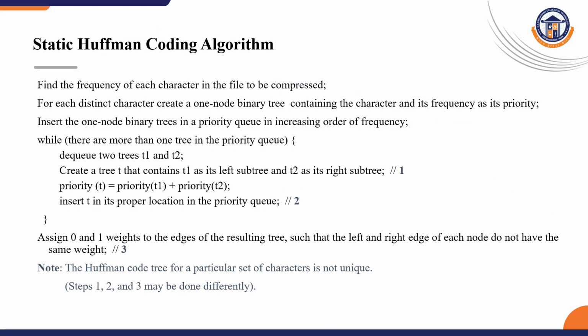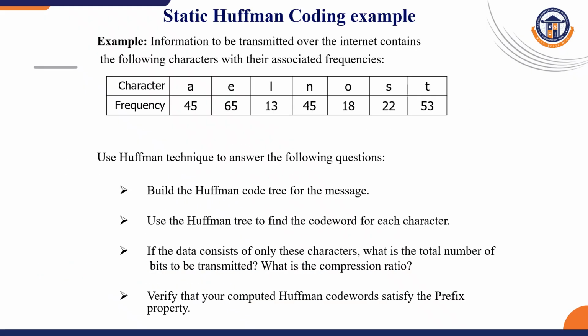So the static Huffman coding algorithm. This algorithm finds the frequency of each distinct character, creates a one-node binary tree for each, inserts the binary trees in priority order, and repeats the same thing.